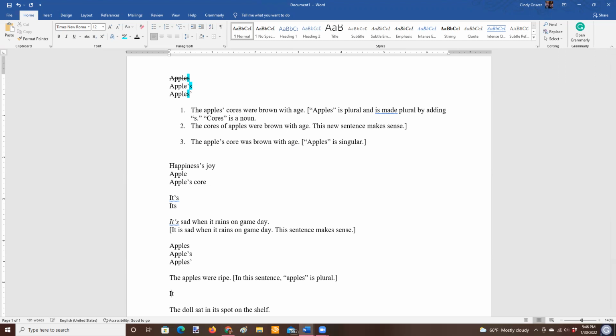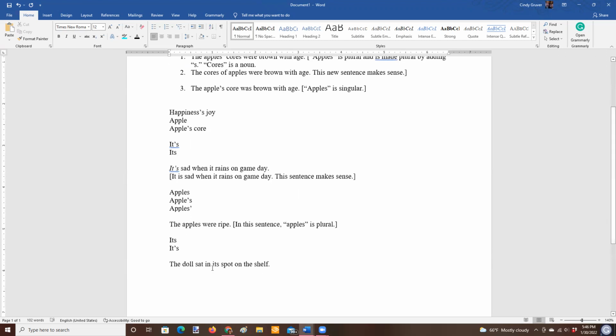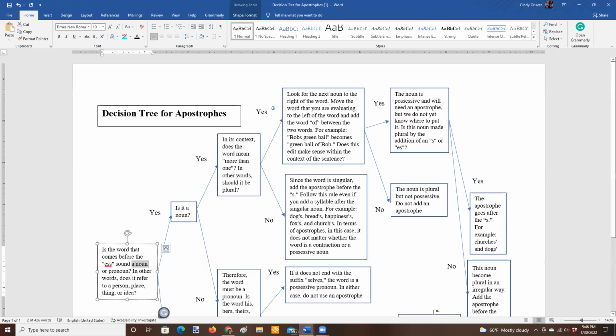So we have its as the one we're evaluating. Okay, and here are our two choices. I'm going to highlight it so we don't forget what we're working on. And let's evaluate this sentence. So we're going to start at the beginning. Is the word that comes before the S sound a noun or pronoun? Well, we've already checked its, and so we do know it's a pronoun in this condition.